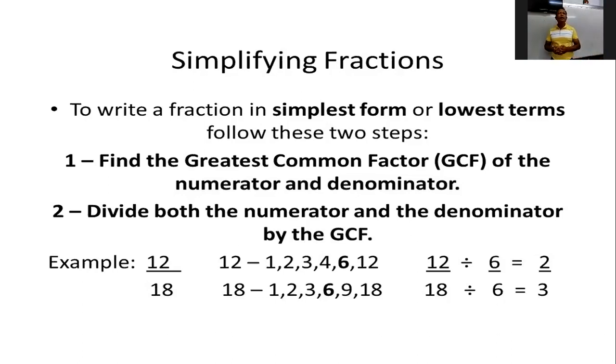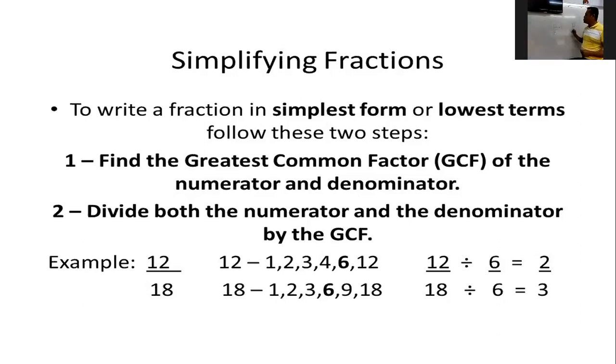When you say common factor, what are factors, by the way? Factors are numbers that when you multiply, give you the product of the given number. For example, what are the factors of 12? 1 times 12 equals 12.